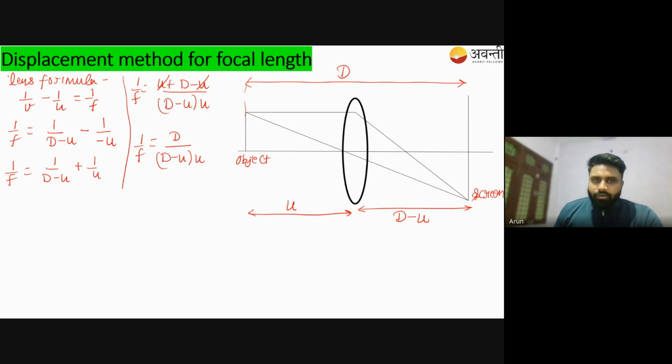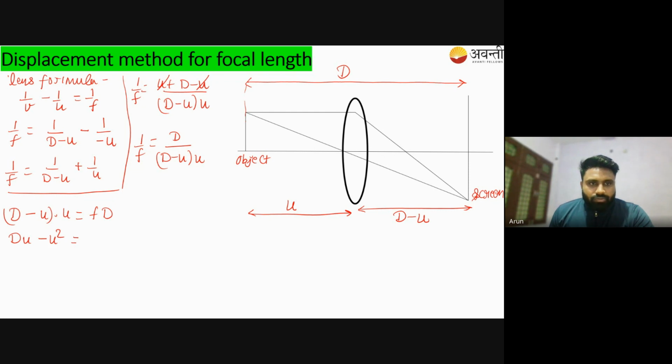Now, if we simplify this, we have D minus u into u is equal to f times capital D.